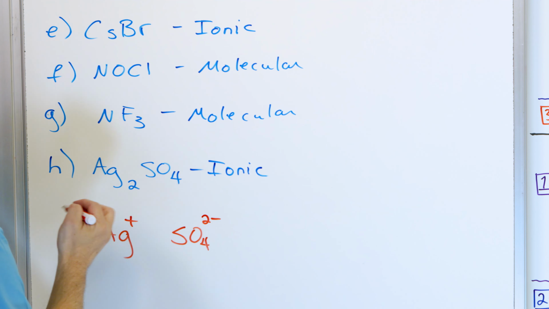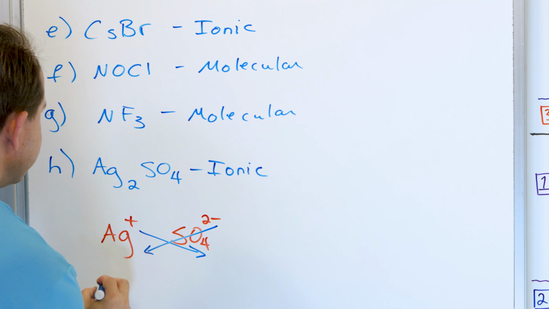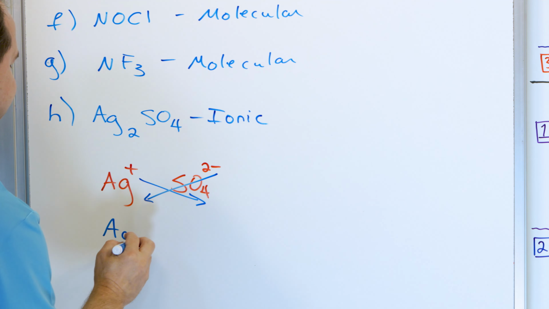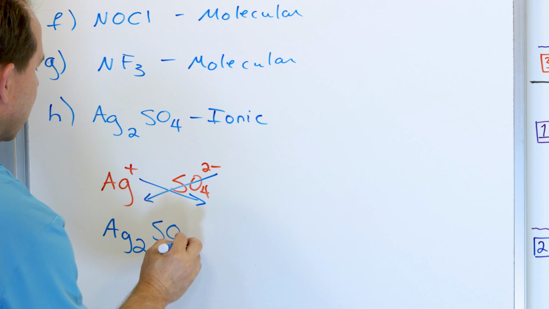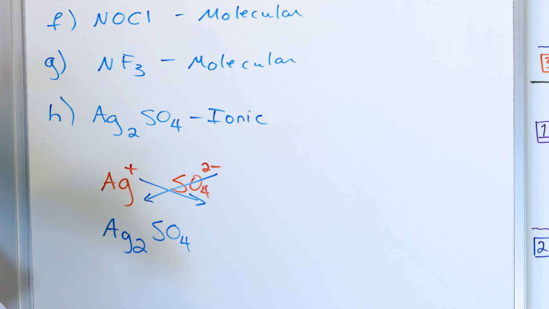Then we do the crisscross, and you get Ag, 2 comes down here, and then SO4, and then you have a 1. So really you have an invisible parentheses with one of them, so you don't have to write it. So it's Ag2SO4. So we have molecular, molecular, ionic, ionic, ionic, molecular, molecular, and ionic.